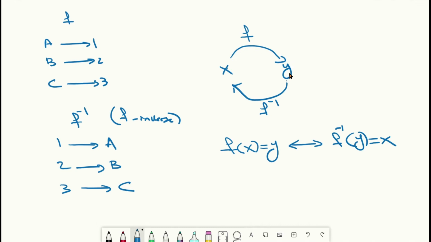Now, with inverse trigonometric functions, the same situation holds. Suppose that you have the sine of theta equals some answer, right? Notice that what this indicates is that the inverse sine of that answer should be the angle you started with.